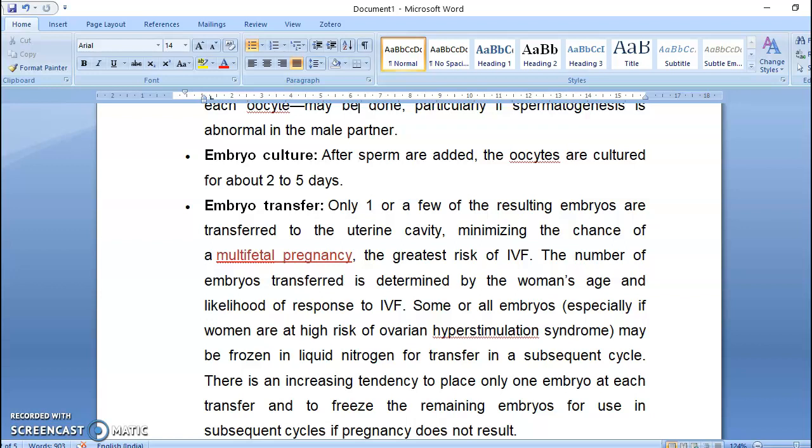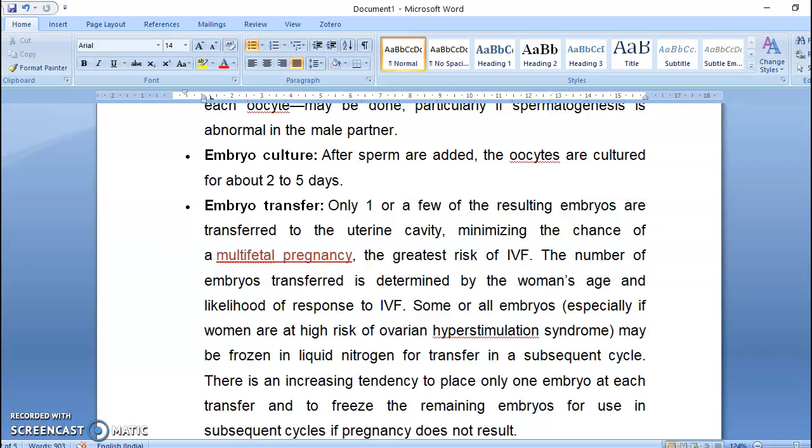That means, as I already told you, the doctors don't take risks. They simply don't give a chance with a single embryo. They go for more than one embryo, so that if one fails, the other will develop. That's why in most cases IVF results in multiple pregnancy.